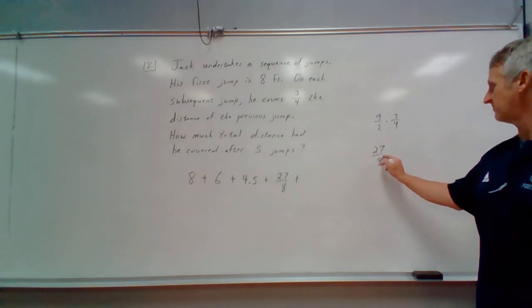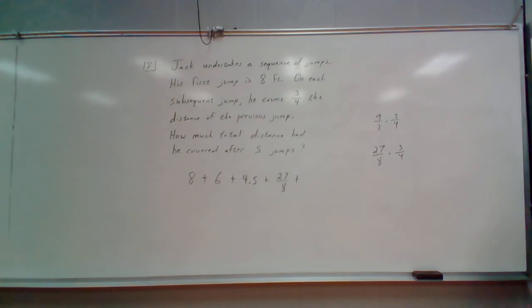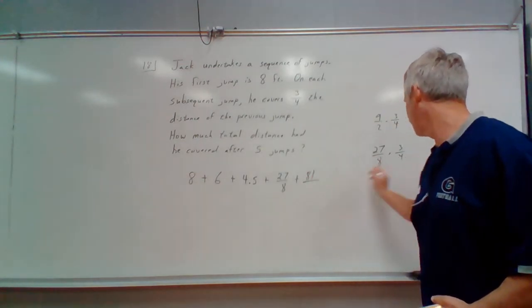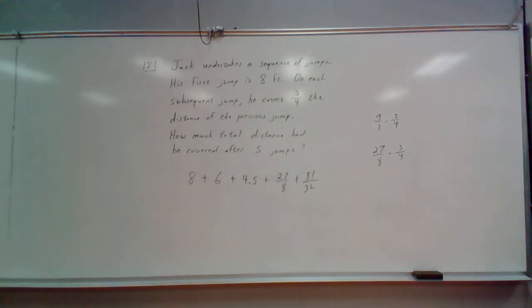So 27/8 times 3/4. And we get, say, 27 times 3 is something. 27 times 3 is 81. I do that. We get 81/32. Okay, so there's his 5 jumps, and all we have to do is add those up.